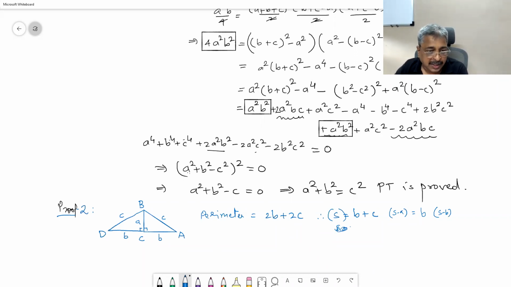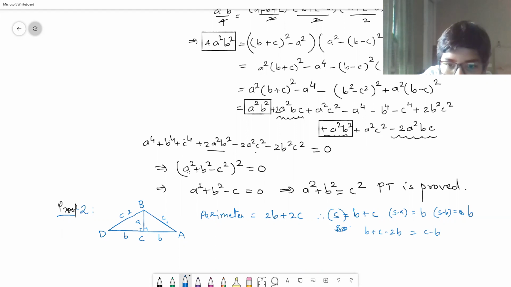If we consider this side, this is our first side, this is our second side. So again, S minus B is also going to be equal to B. Now this is a little different from what I am writing here, and the third side is 2B. So B plus C minus 2B is equal to C minus B. That is the third side.